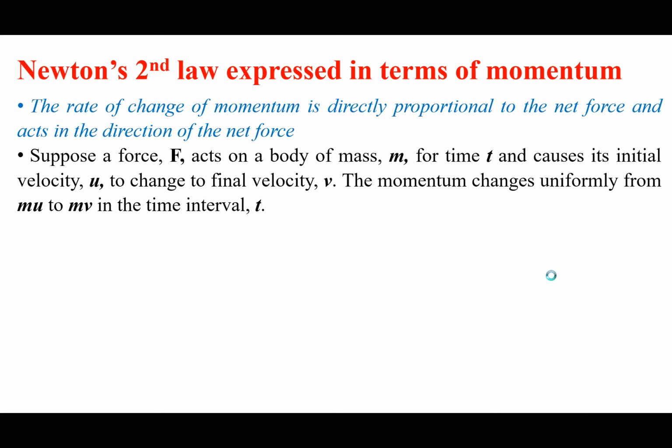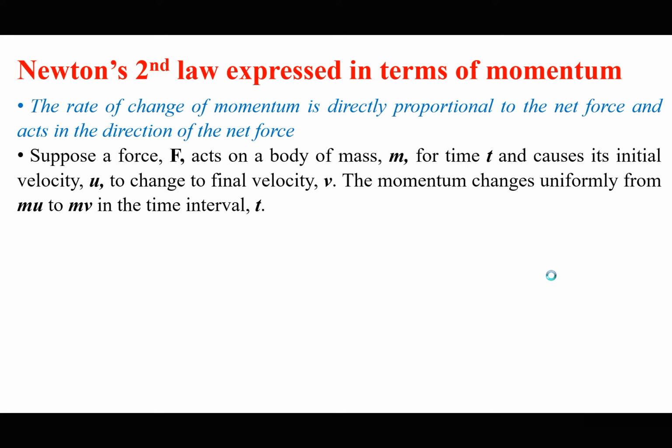Suppose a force F acts on a body of mass m for a time t and causes its initial velocity u to change to the final velocity v. The momentum changes uniformly, so the initial momentum is mu, that is m times u, and the final momentum is m times v, in the time t.